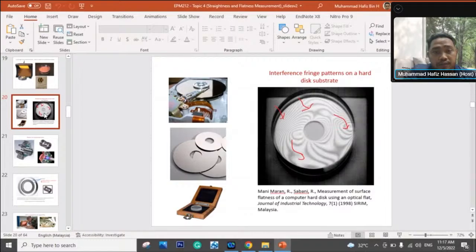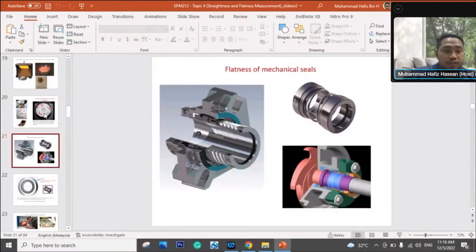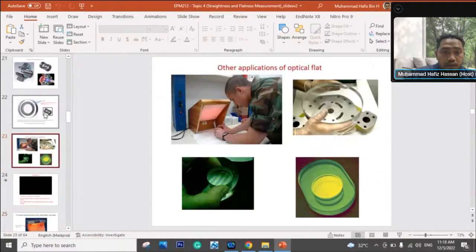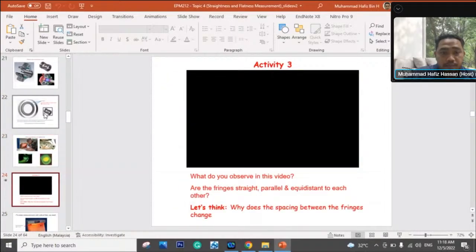From here we can see where the peak is and where the bottom is. We have to know the contact point is the peak of the region or section. This is an example.